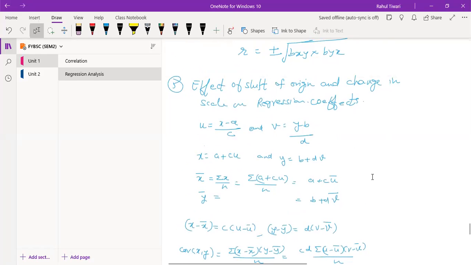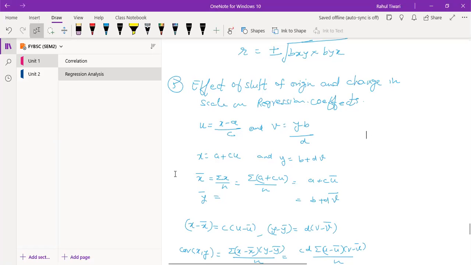Okay. So how do we go about this? We assume that we have regression coefficients bxy and byx, and you know what the formula for bxy and byx is.